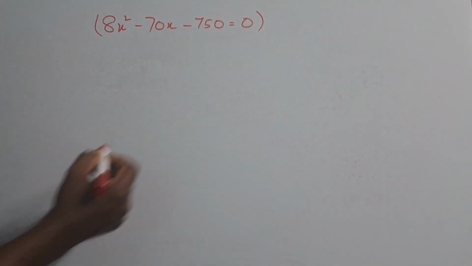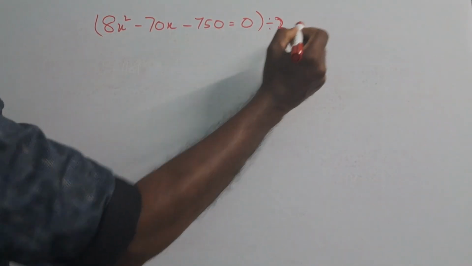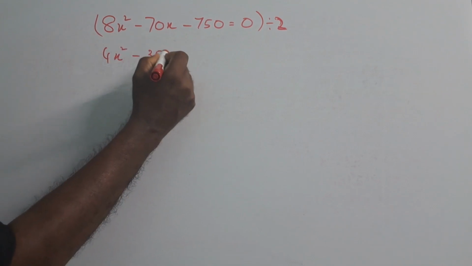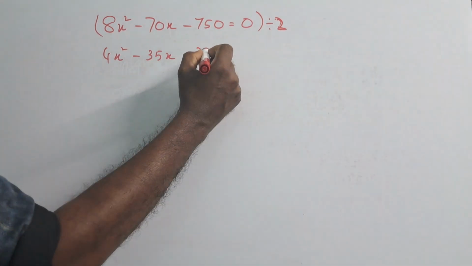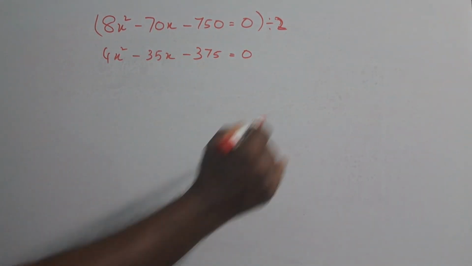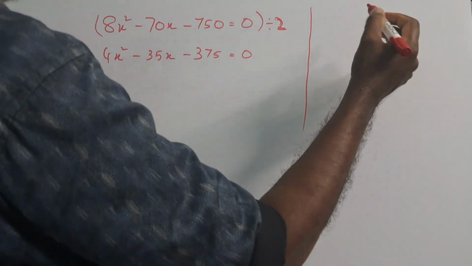For simplification, we can divide the equation by 2. We have 4x square minus 35x minus 375 is equal to 0. We can solve the equation by quadratic formula.